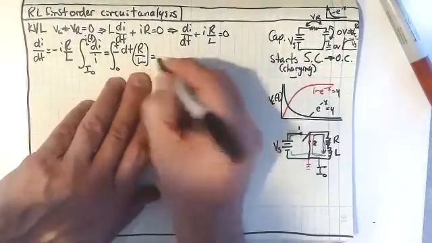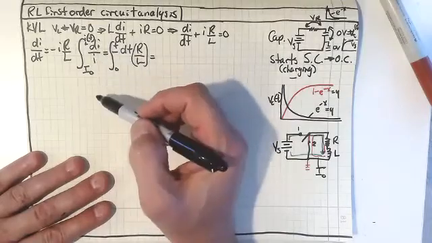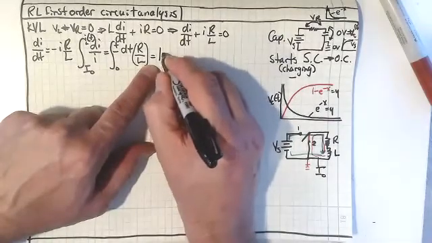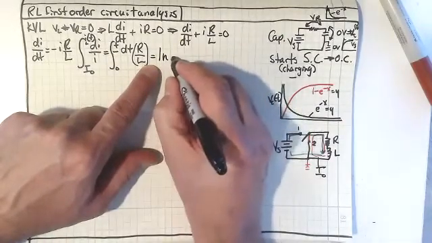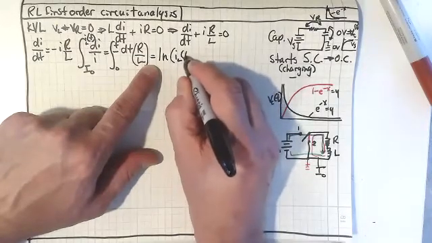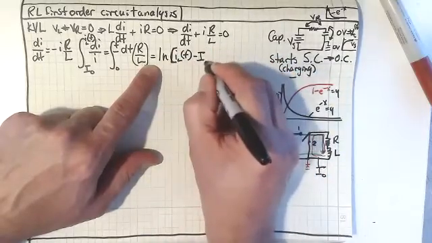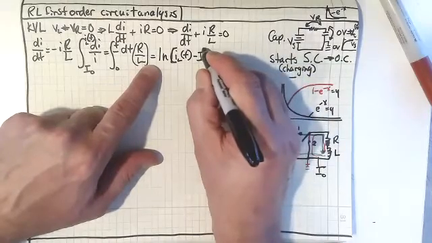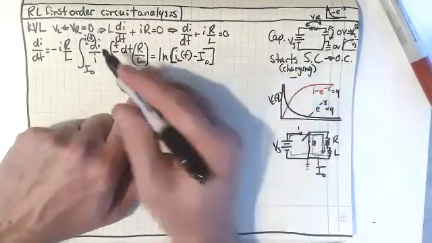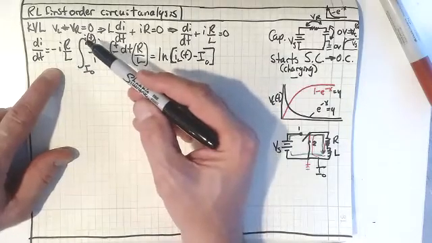So let's integrate that then. What we really get is that di over I is the natural log of I. And then I want to evaluate that. So I've got the natural log of I sub L of t, minus the natural log of I sub 0.